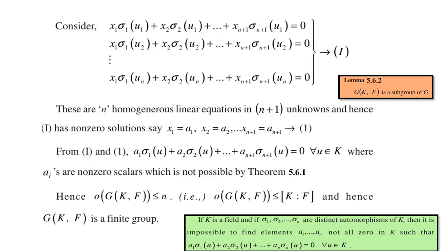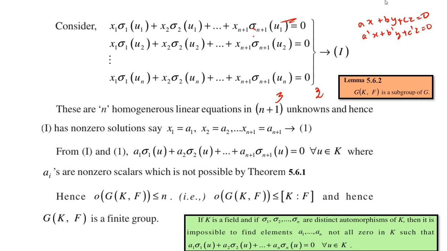You can try with any two equations: 3 unknowns, 2 equations. Something like ax plus by plus cz equal to 0 and a prime x plus b prime y plus c prime z equal to 0. When you have 2 equations in 3 unknowns, definitely you will have a non-zero solution.